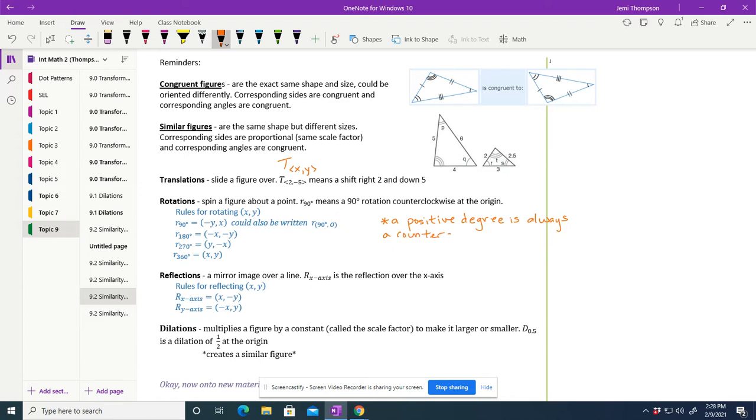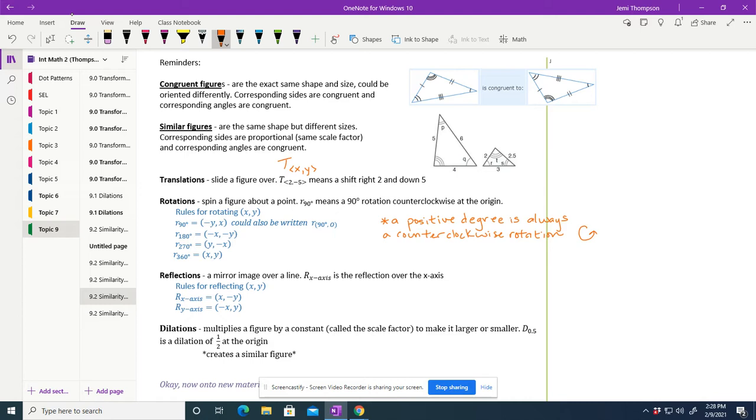So they don't have to specify whether it's clockwise or counterclockwise. We need to know that if it's positive, that means a counterclockwise rotation. And when I'm talking rotations, I'm using these little lowercase r's. And for our purposes, we're just doing anything that's a multiple of 90 degrees.